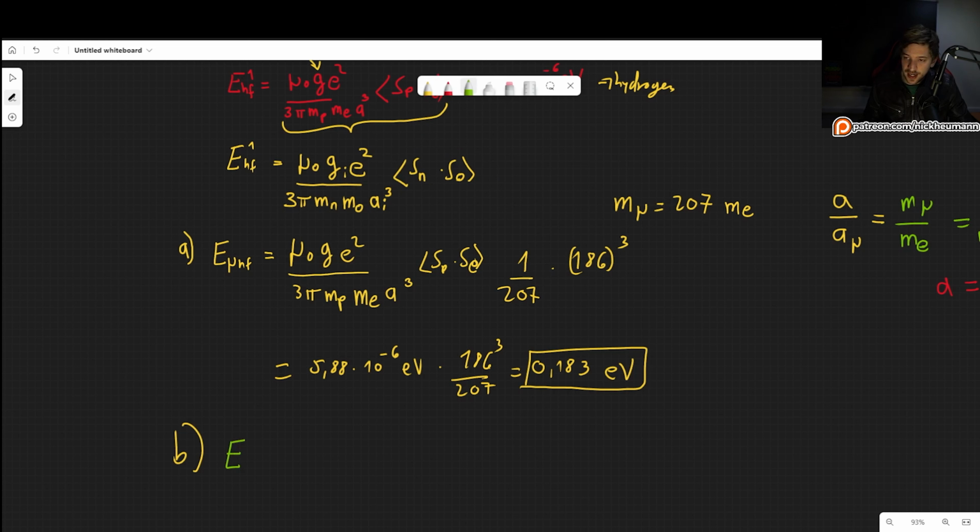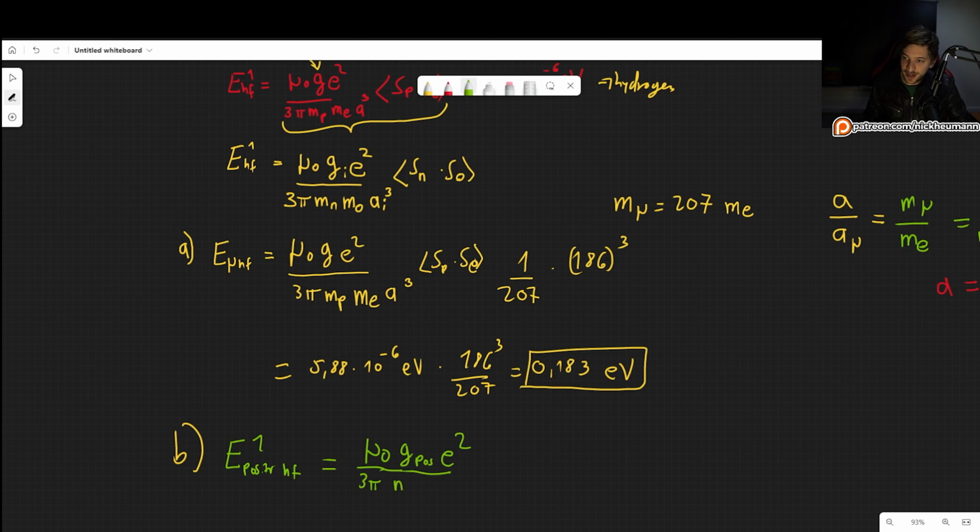So the energy for now positronium, due to hyperfine splitting, this will be now mu0, that hasn't changed. We have 3 pi. Now G does change. Now we have G due to the positron.